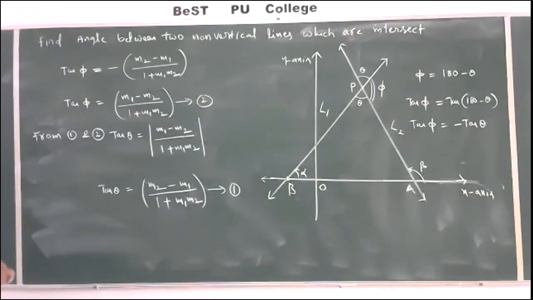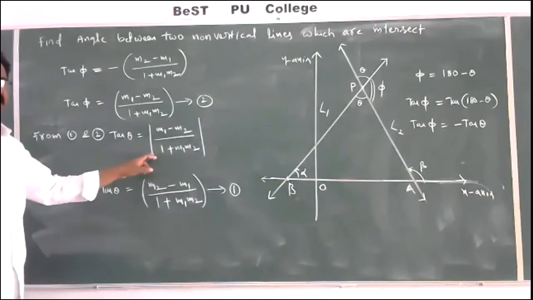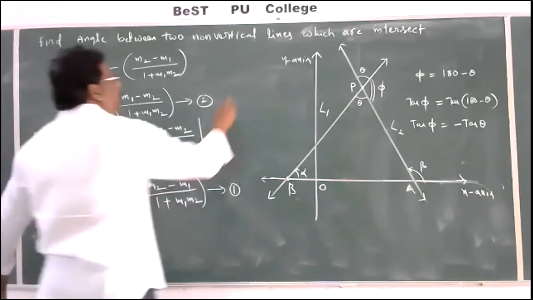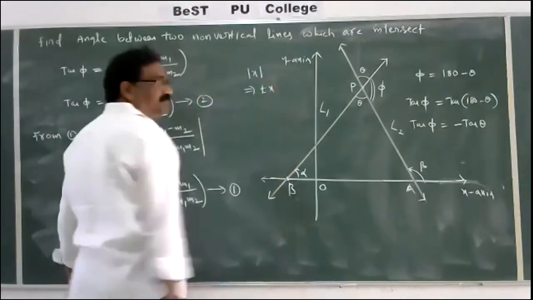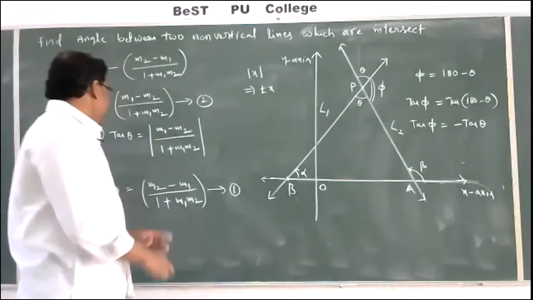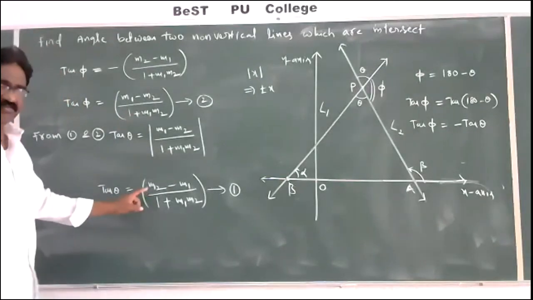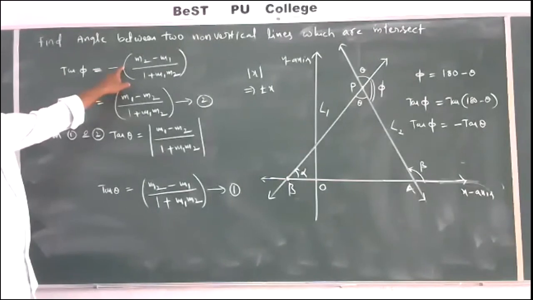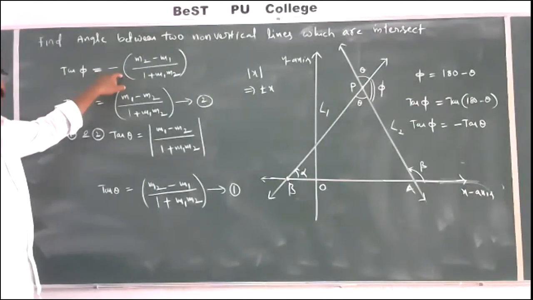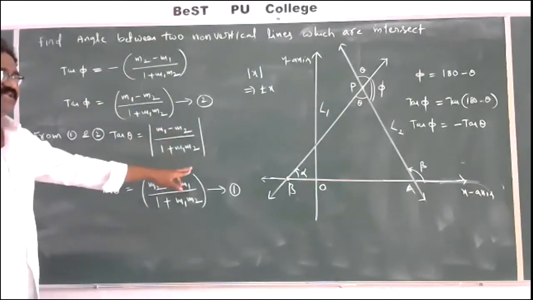You can use only one formula, that is, you make it as a mod. Why mod? For example, mod x is nothing but plus or minus x. That's why this is a plus value. For example, you take minus, that's why this is a minus value. That's why you make mod. That is a plus or minus.